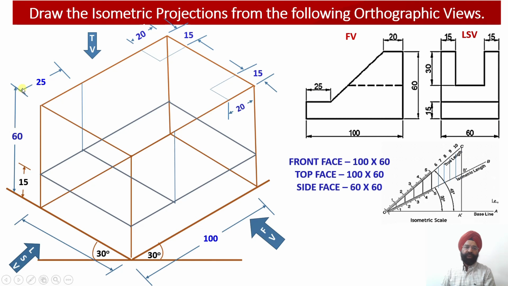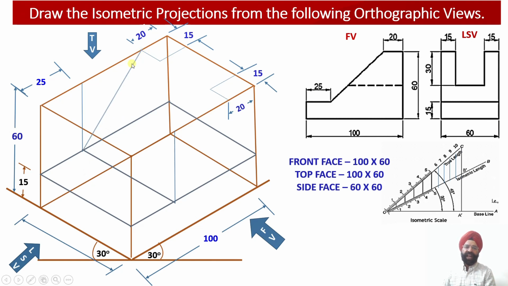So from this particular front face, this is the 25 millimeter at the base. So now I am going to join this point with this base point over here. Similarly, this point of the corner will be joined with this point of the base. Okay, so this way the slant edges will be obtained corresponding to the web.